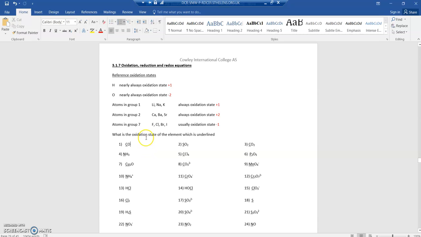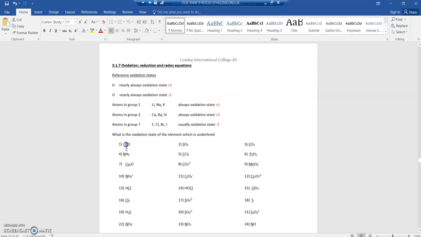I want you to work out what the oxidation state of the underlined element or atom is. So let's do the first couple, or I'll pick some at random. Number 1, oxygen. So we'll use that as a reference, oxidation state minus 2.